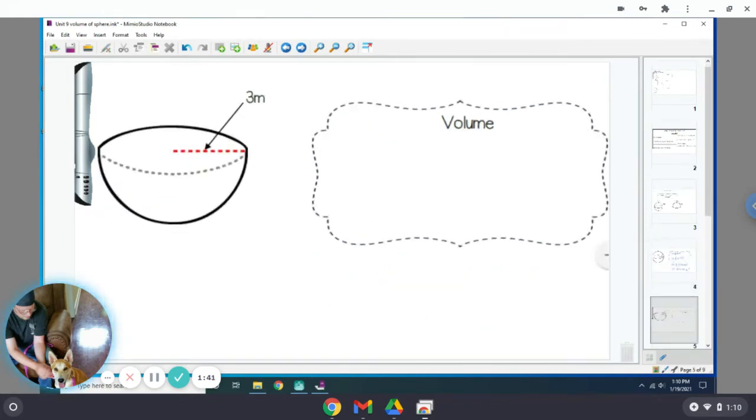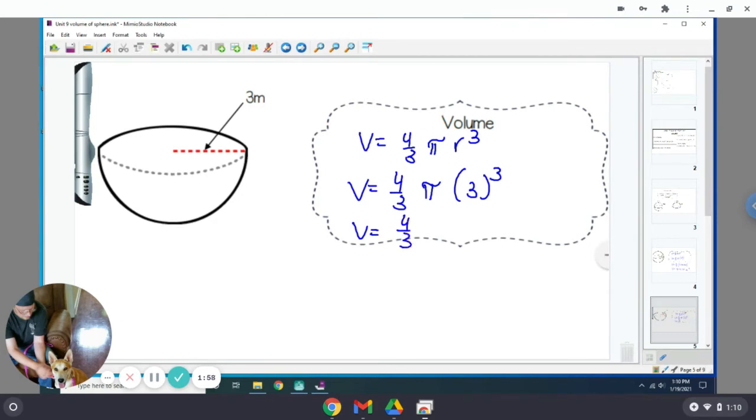All right, now let's try a hemisphere. Hemisphere is just half of a sphere. So I'm going to find the volume of a sphere, which is still 4/3 pi radius cubed. And then the radius is 3. So in my calculator, I'm going to do pi times 3 to the 3rd power.